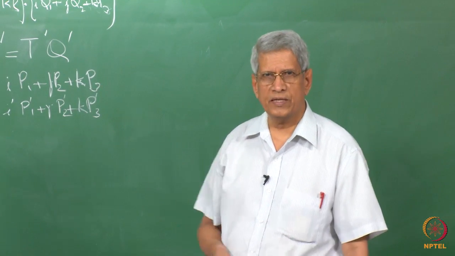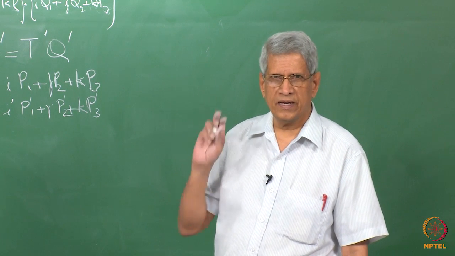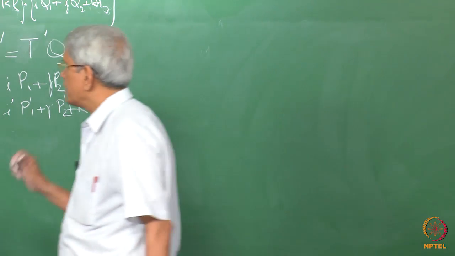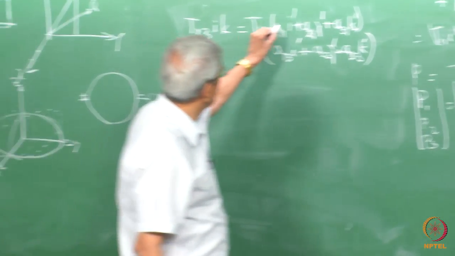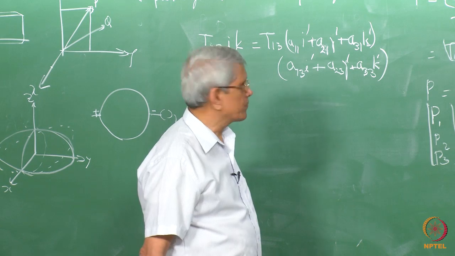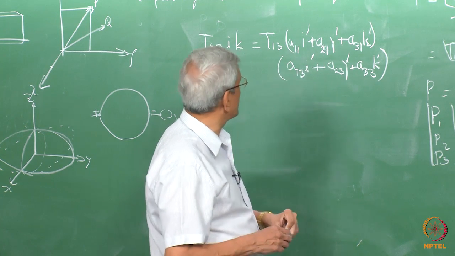This is T13 we are taking, it is the component. If we wanted to take T dash 13, then we have to take only the components which correspond to i dash and k dash. So here the i dash and k dash components are there.